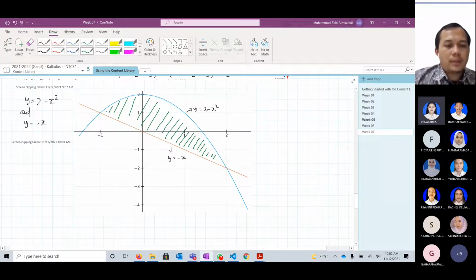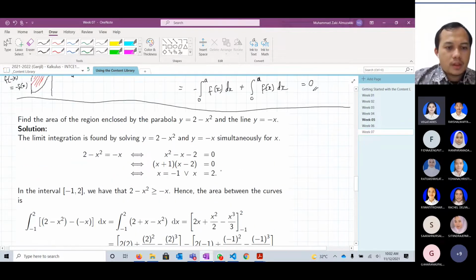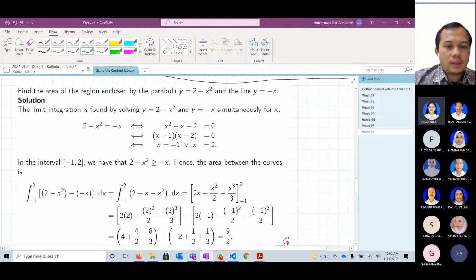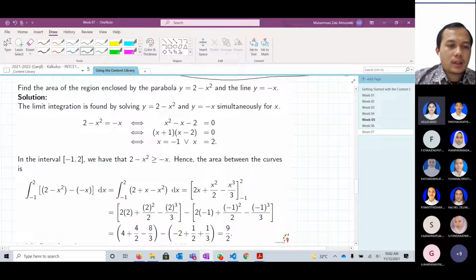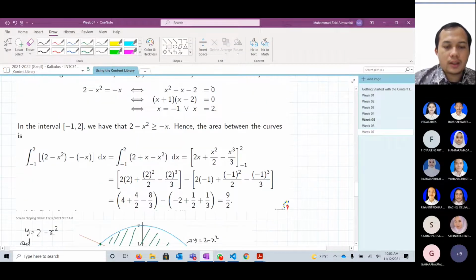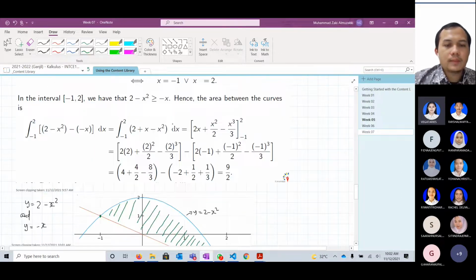So the first step is finding the intersection points, which give the limits of integration. Since we want the area of the region enclosed by the parabola and the line, that means the shaded green area.